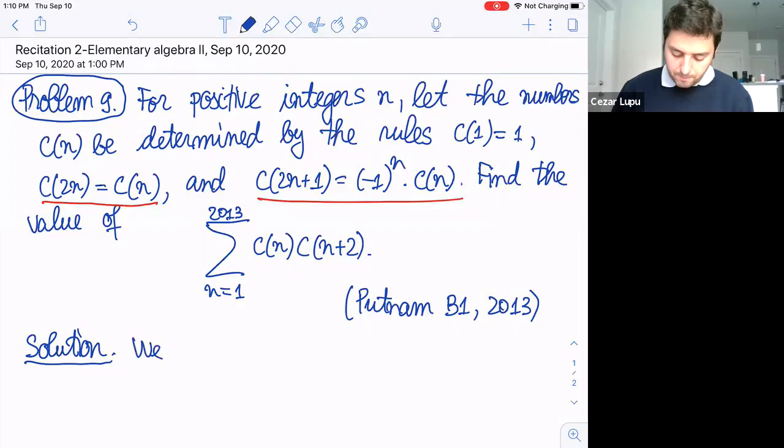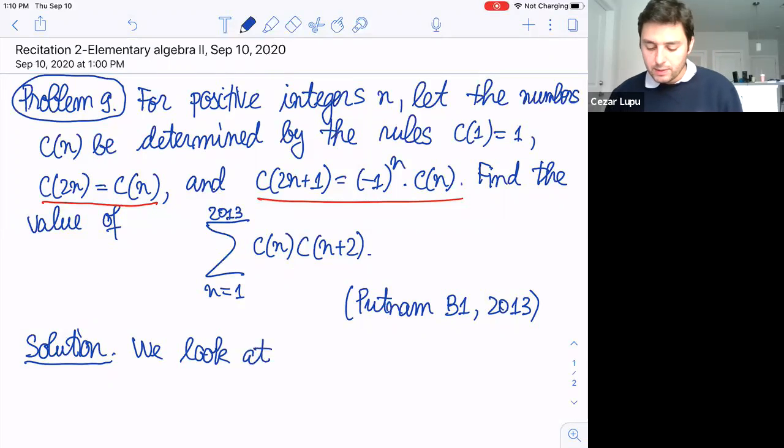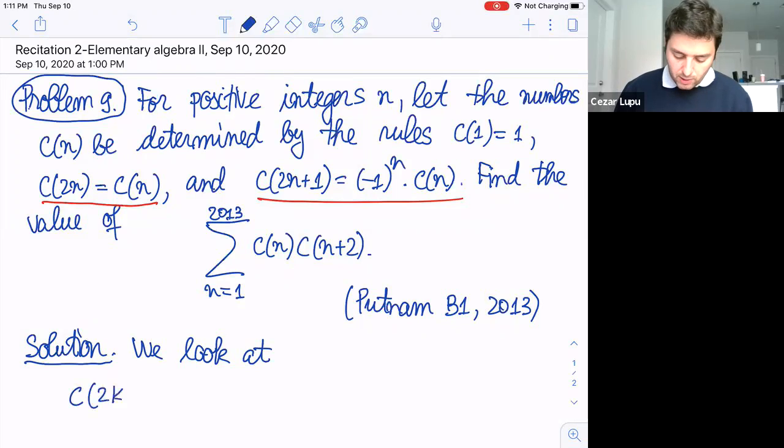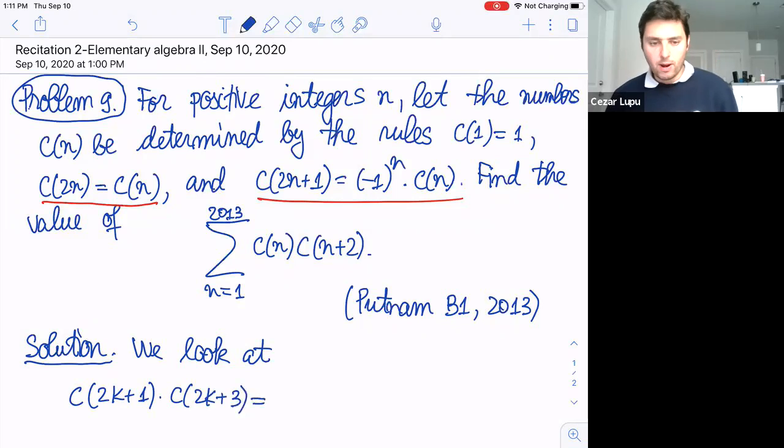Since I have C of 2n plus 1 and C of 2n, let me look at the next one. Let's look at this product: C of 2k plus 1 times C of 2k plus 3. For this product, I will use the second relation.